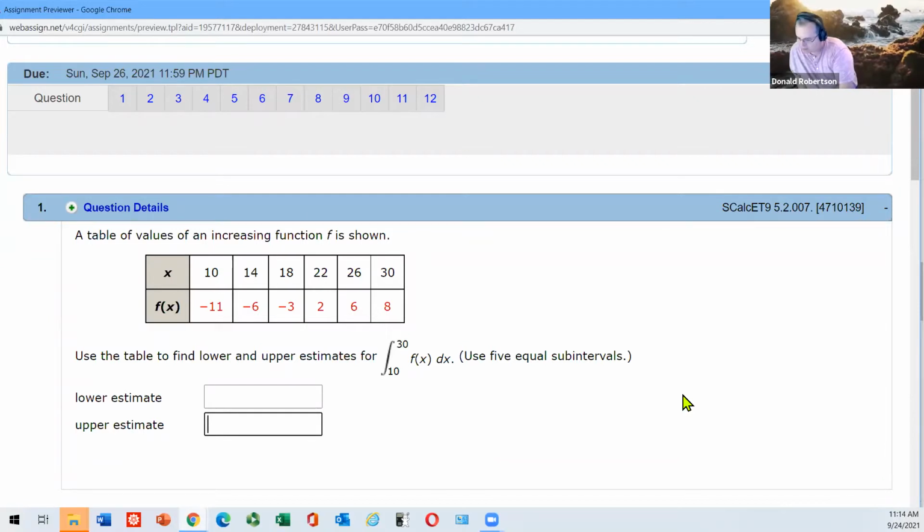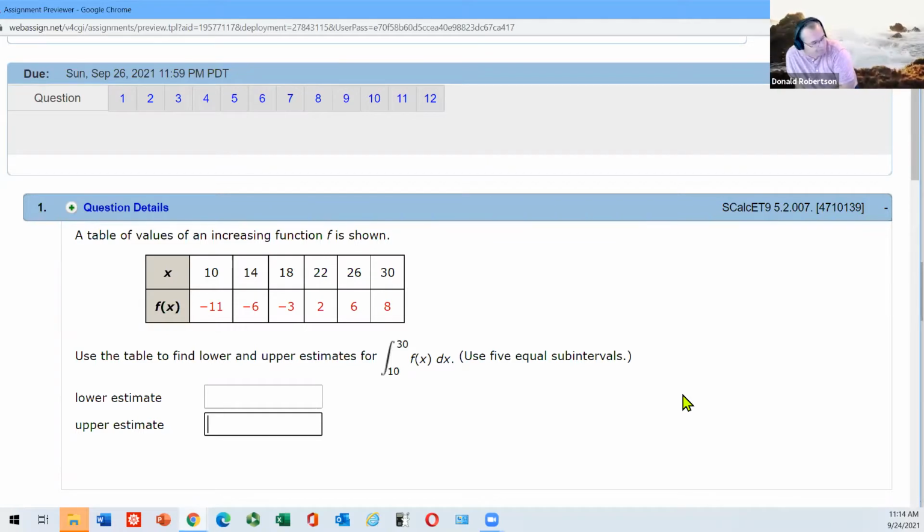It's asking us for a lower estimate and an upper estimate. Which 2 should I use to do that question? From the list of 5 I gave you, which 2 would you use to get a lower and an upper?